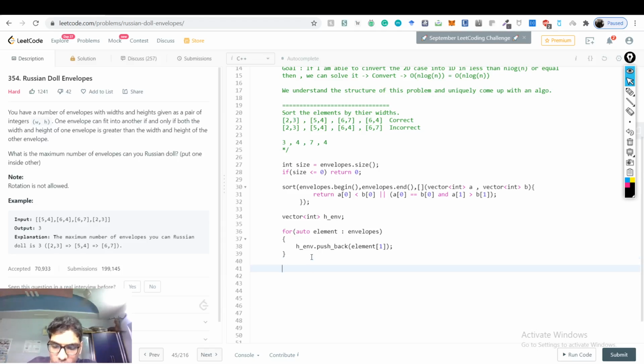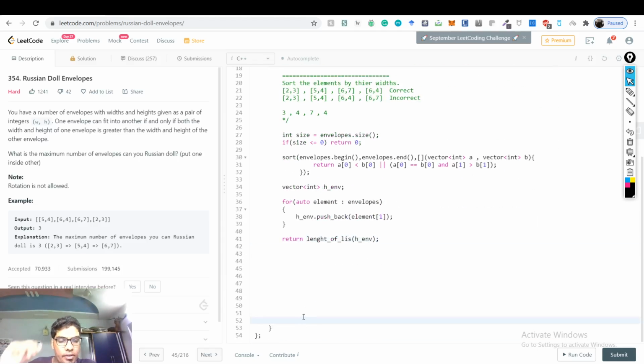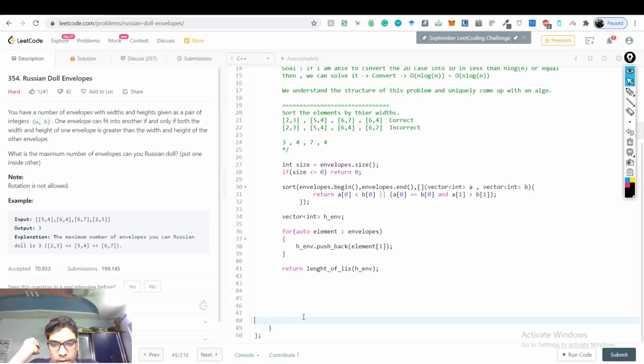Then we'll just return the length of the largest increasing subsequence of the heights. We'll write this function, length of LIS, and whatever the answer to that function is, we'll just return that answer, and that is actually the answer to the question we want, right?